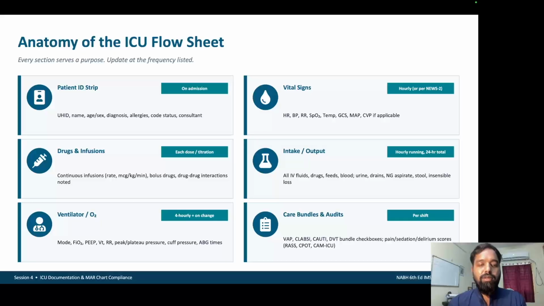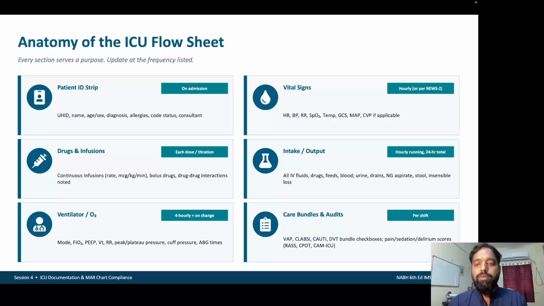Regarding the ventilation and oxygen status, fourth hourly or any change is being noted that includes mode, FiO2, PEEP, tidal volume, respiratory rate, peak and plateau pressures, cuff pressures and ABG times. Regarding the vital signs, it is being noted hourly as per the NEWS 2 guidelines: heart rate, BP, respiratory rate, saturation, temperature, GCS, MAP, CVP if applicable.